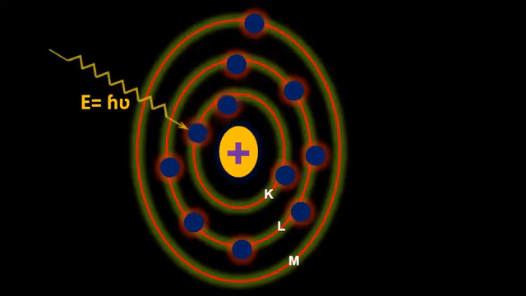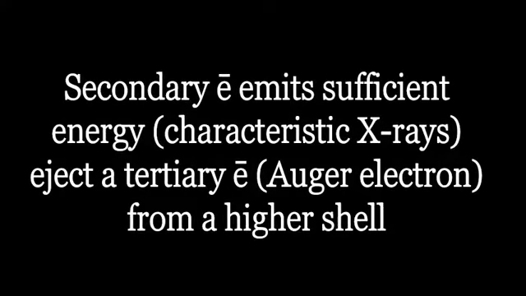When the secondary electron jumps from a higher energy level into the low energy K shell, it will emit characteristic X-rays. It will emit highly energetic characteristic X-rays due to the transition from the higher energy level into the lower K core shell.